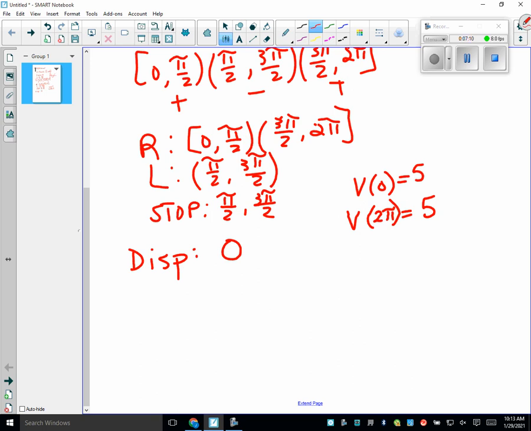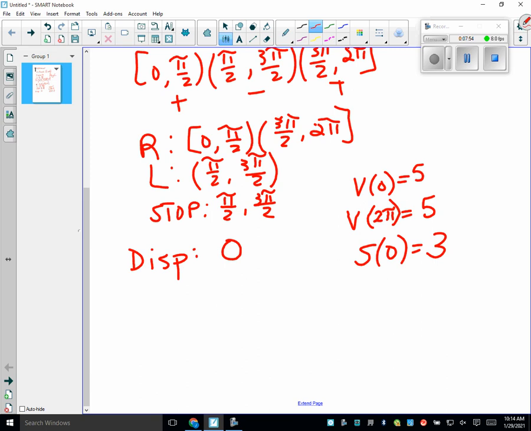So if S sub 0 is 3, what is my final position? If I start at 3, move everywhere else and come back to where I started, my final position must still be 3, because the displacement is 0.